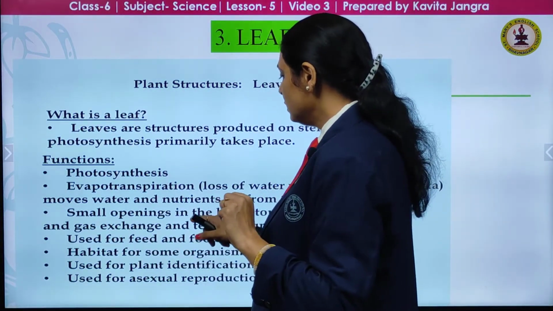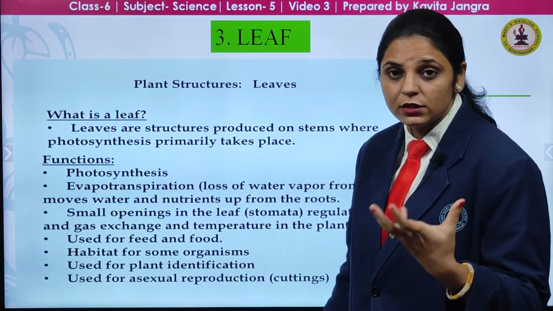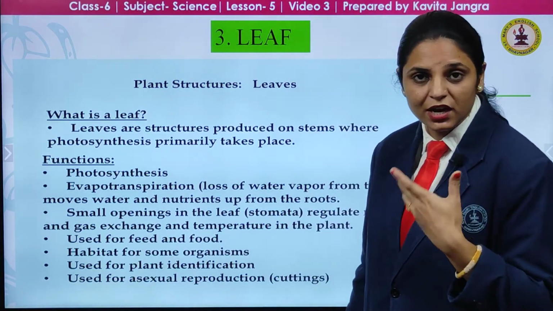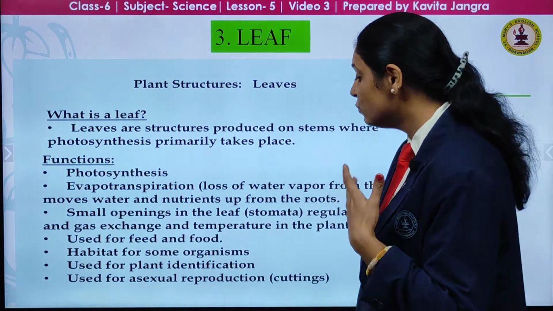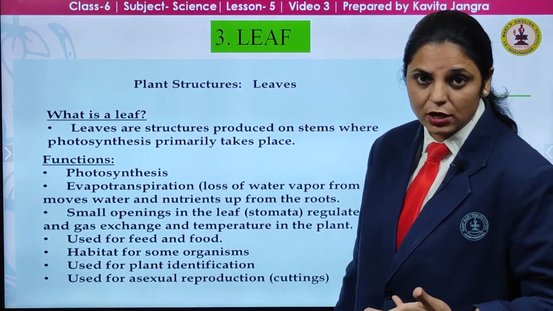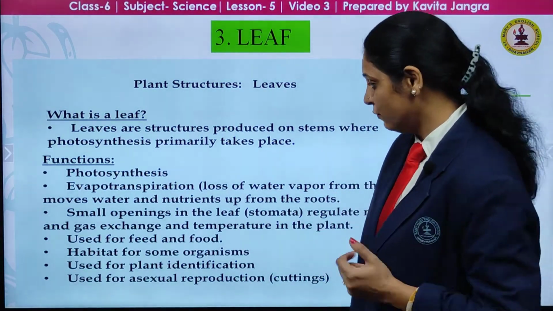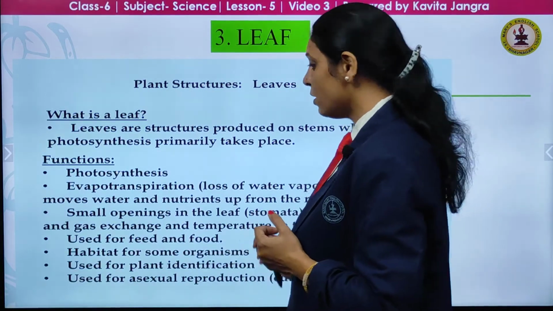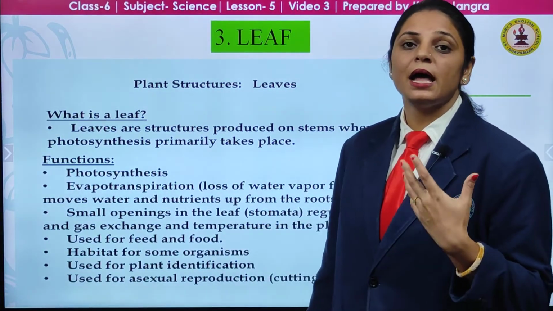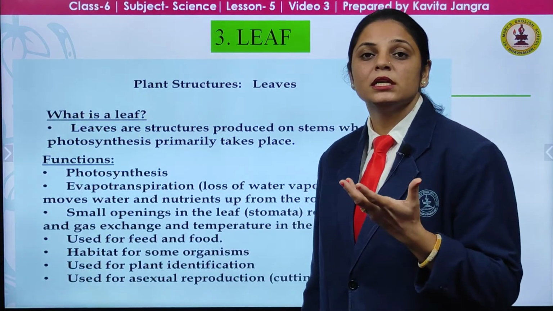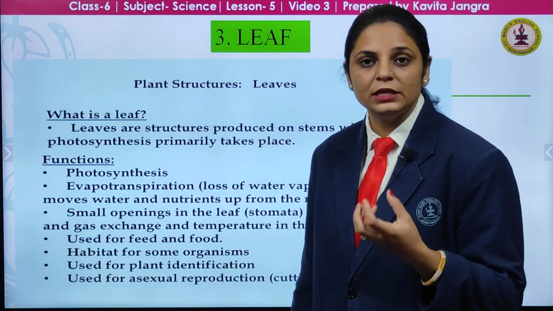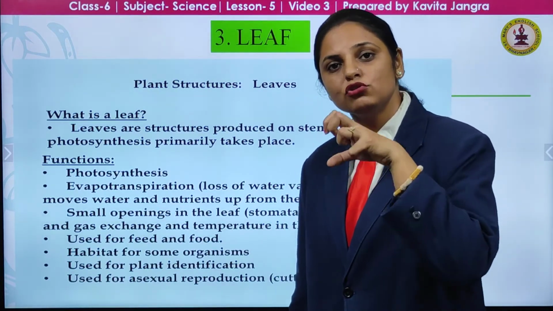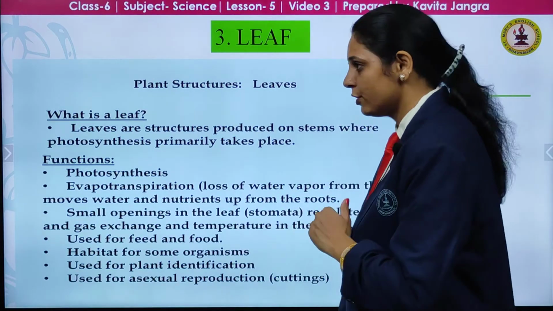Leaves are used for feed and fodder. We are also eating leaves as food, and even the animals are eating the leaves as food. They are also a habitat for some organisms. If you have seen, this is a habitat, a region where many insects and other organisms live.